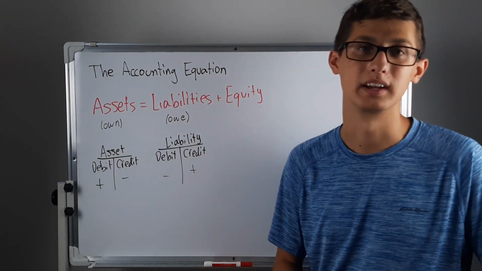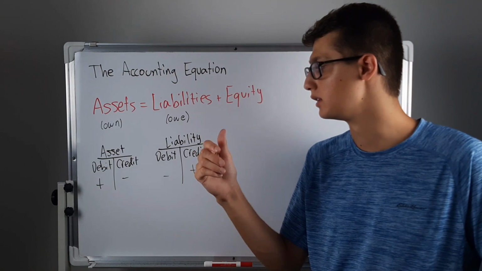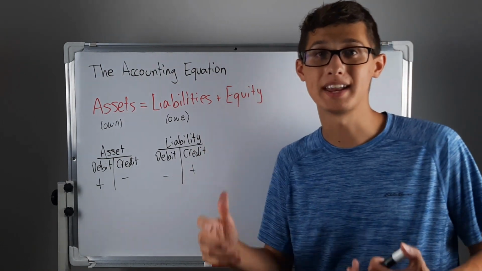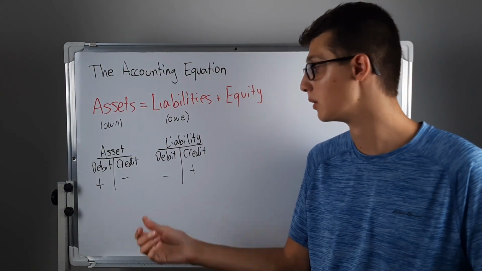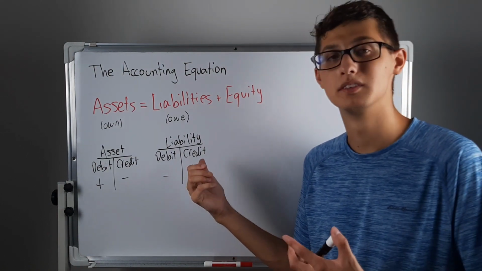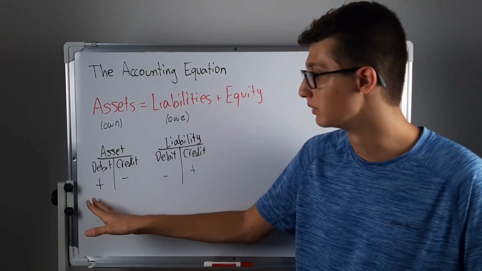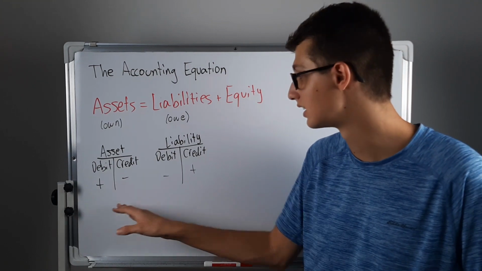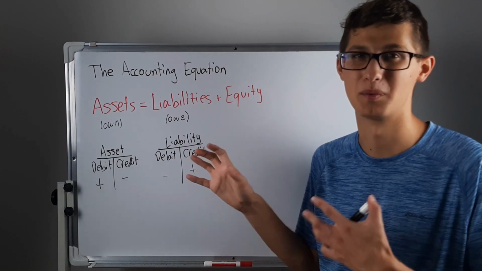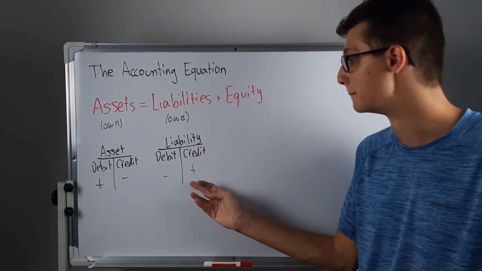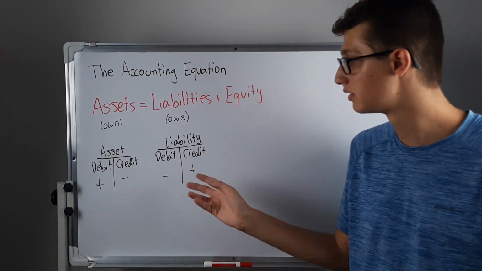So you would say that you have a credit balance of $100 in that account. So you have debits for assets and credits for liabilities, and even though liabilities are kind of bad because you don't want that many, credits increase liabilities. So it's the other way around.